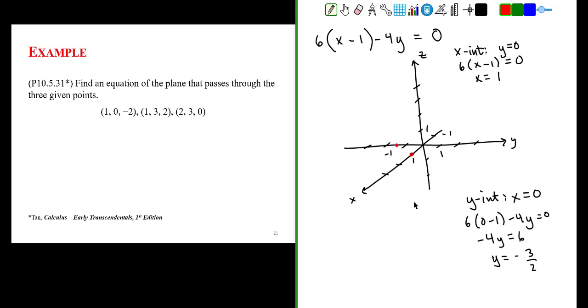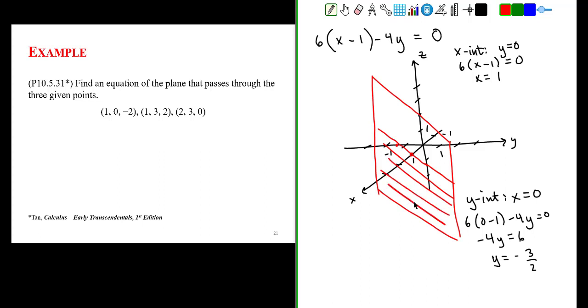And so we could construct a plane now, and that plane, notice, is parallel to the z-axis. It doesn't have a z-intercept as we anticipated. And so the equation of the plane that we found is given by this equation up here.